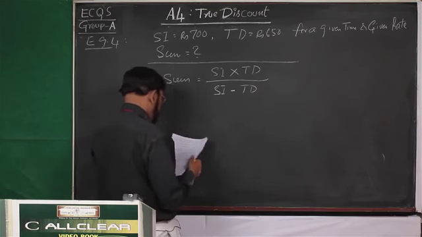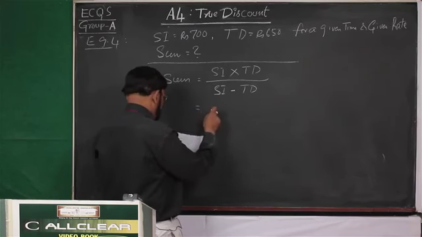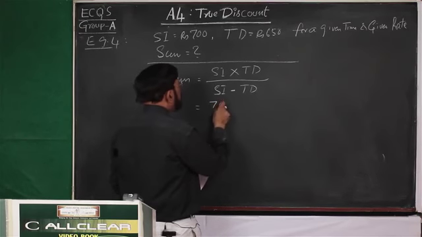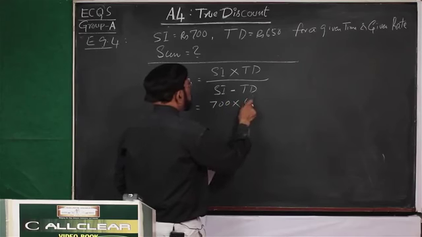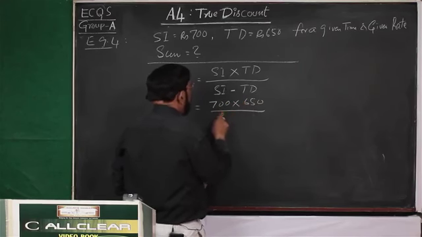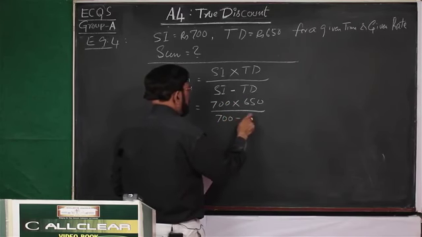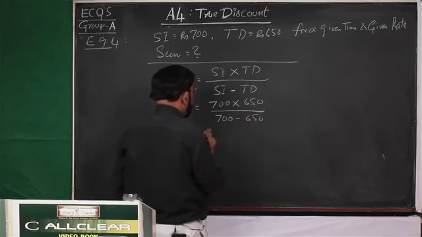Then you substitute the values, that is 700 into 650 by 700 minus 650.